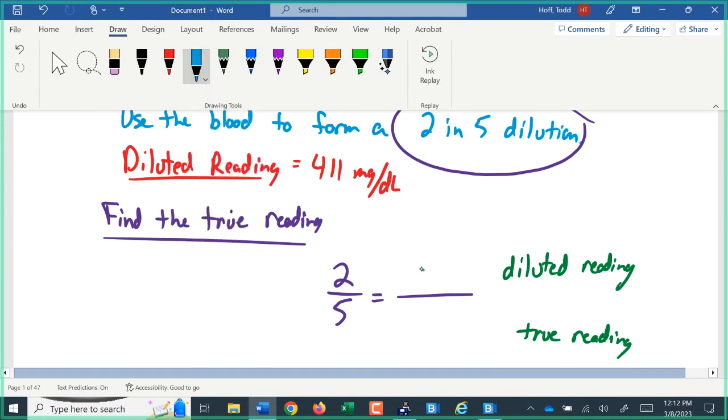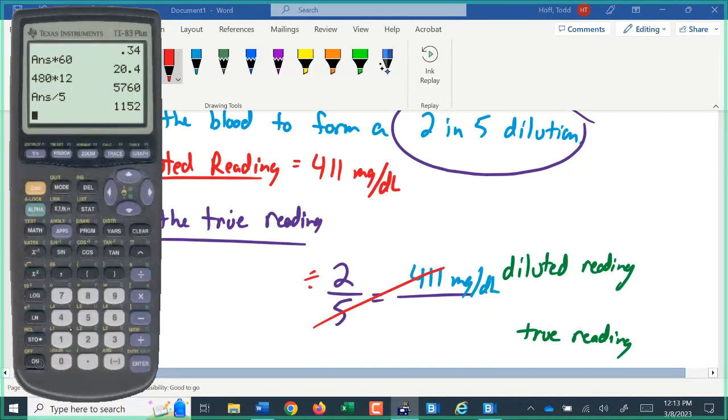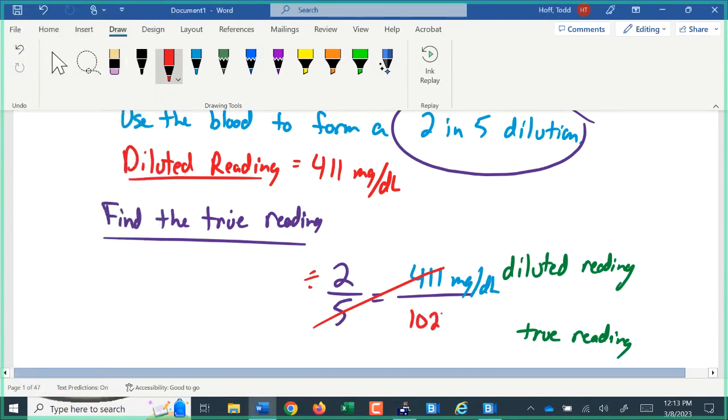So the diluted reading was the 411 milligrams per deciliter. And we just cross multiply and divide. 5 times 411 divided by 2 gives us 1,027.5. Of course, that's milligrams per deciliter. So there is our estimated true reading.